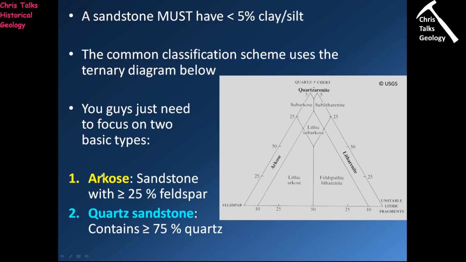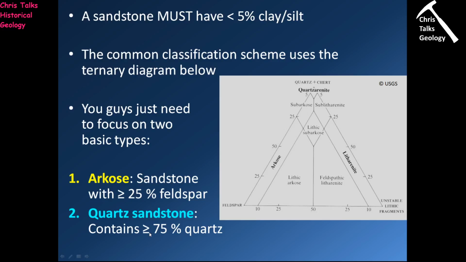Let's say for argument's sake our sandstone does have less than 5% clay and silt, so brilliant, definitely a sandstone. Then we're simply going to worry about the proportion of the clasts. If your sandstone contains greater than 25% feldspar, you're simply going to refer to it as an arkose.